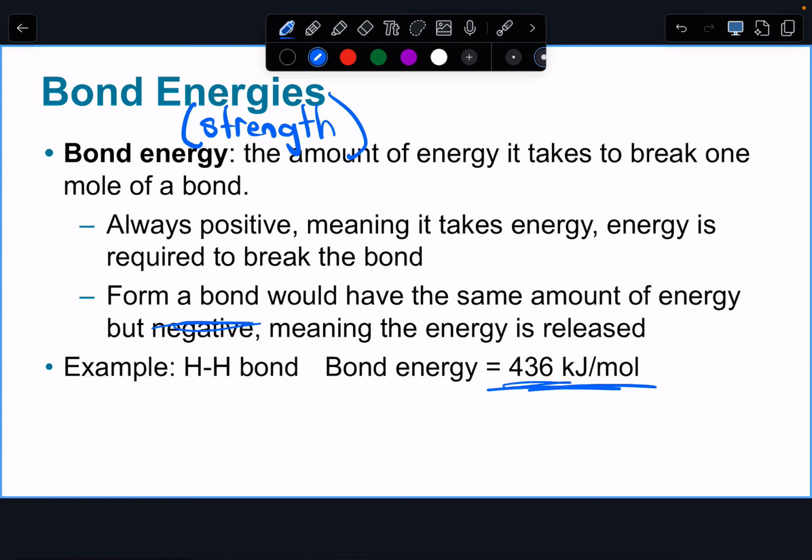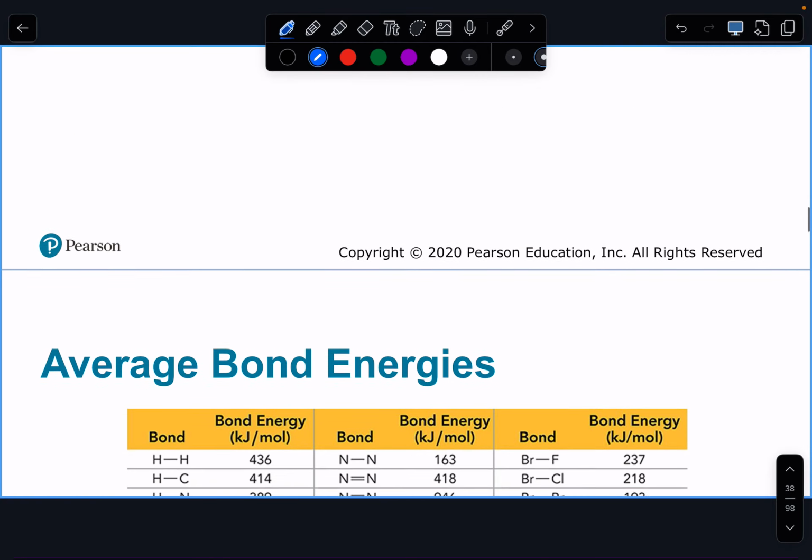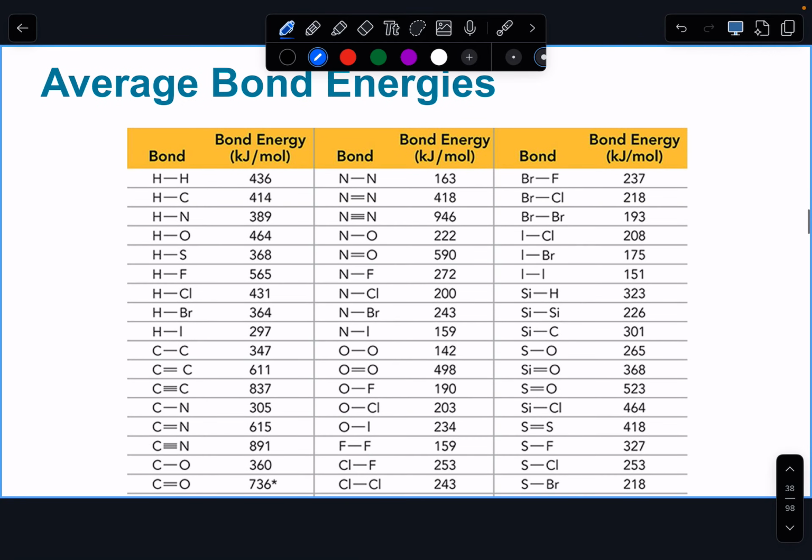Okay, so I'm just going to skip down. Let's look at this table first. If we look at a fluorine single bond, hydrogen bond, carbon bond, a single oxygen bond, that gives us an idea of how strong those bonds are. It's kind of interesting that the hydrogen bond is the strongest of those.